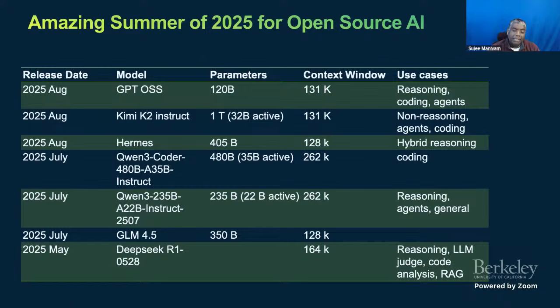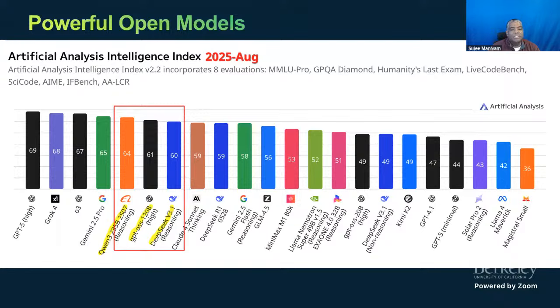If you're wondering how well they perform compared to closed source models, here's a benchmark from Artificial Analysis. The top models are proprietary. You can see GPT-5, Gemini. But the open source models are very, very close behind. If you look at the scores, they are very, very close.